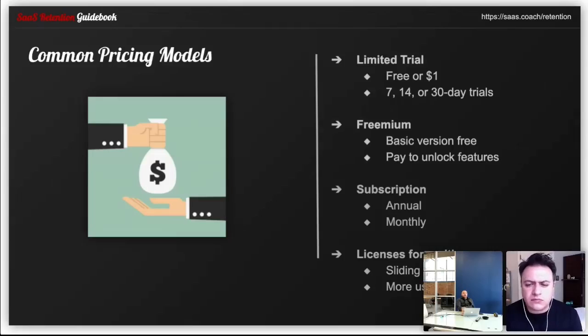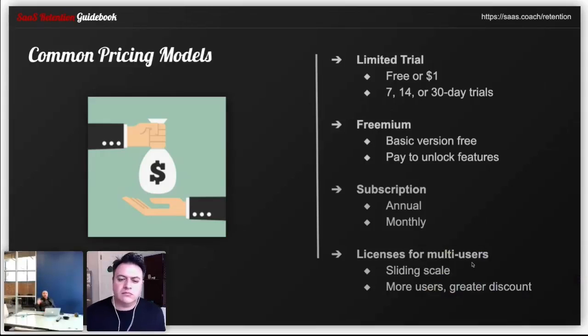So we kind of just touched on this, but just to take it a little bit more, is the pricing model. So the free trial that we talked about, a freemium where you can get a basic version. But then really what we didn't talk about in a lot of these models is, what you're seeing is most are annual or monthly subscriptions. Monthly, you tend to pay a little bit of a higher fee.